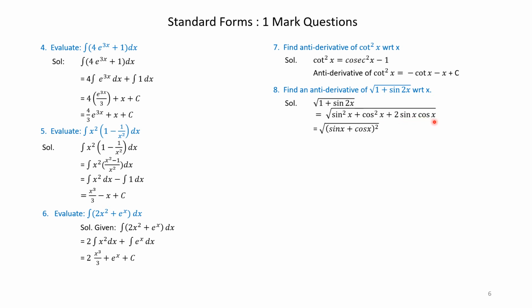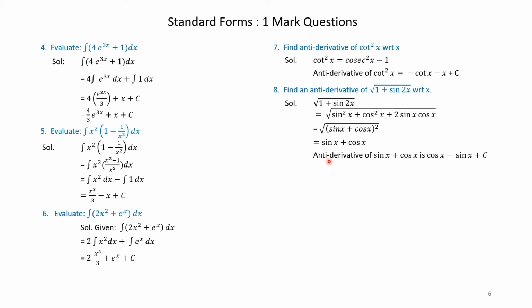Using the formula, we are substituting it as a whole square, (a plus b) whole square. So when this is there, the square root and the square sign get cancelled and we get sin x plus cos x. Therefore, the right hand side is sin x plus cos x.